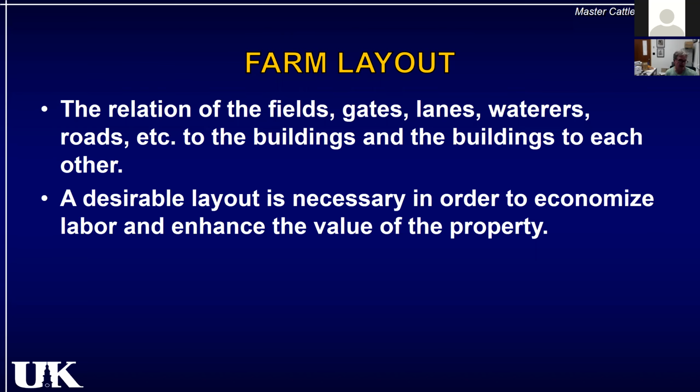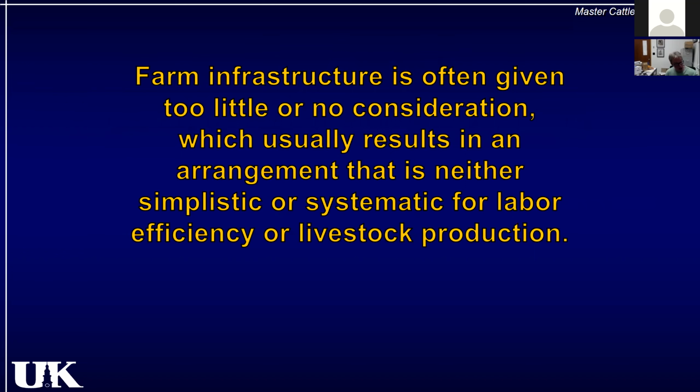It's how the inside of the buildings are laid out as well, okay? A desirable layout is necessary in order to economize labor and enhance the value of property, all right? The problem is that farm infrastructure is often given too little or no consideration at all, which usually results in an arrangement that is neither simple nor systematic for labor efficiency or livestock production, okay?